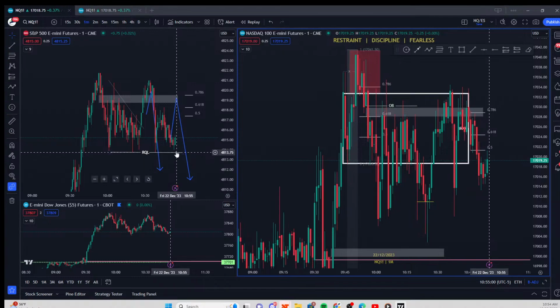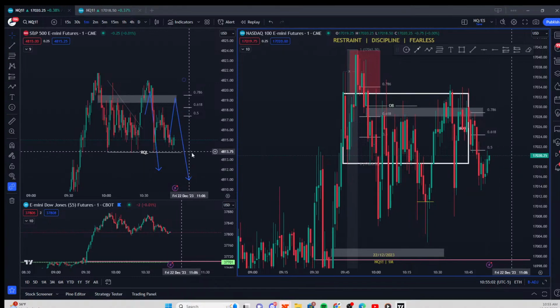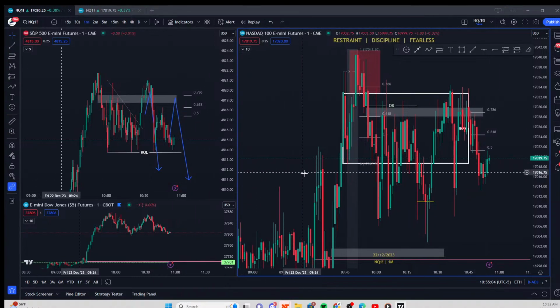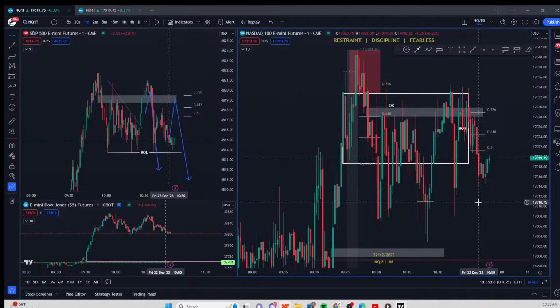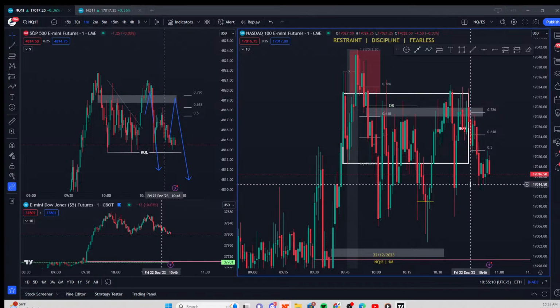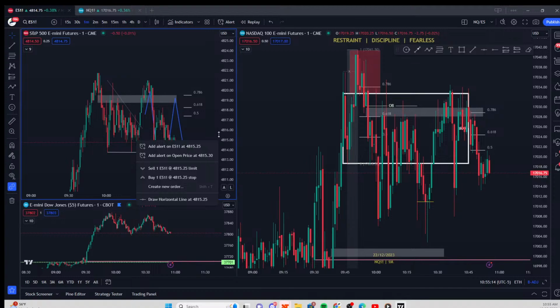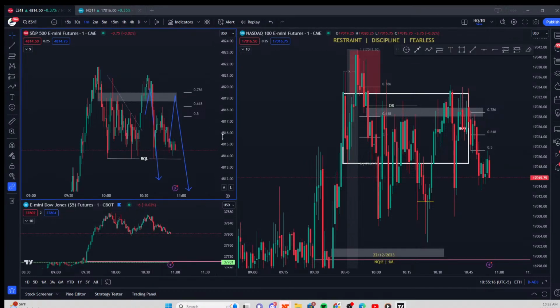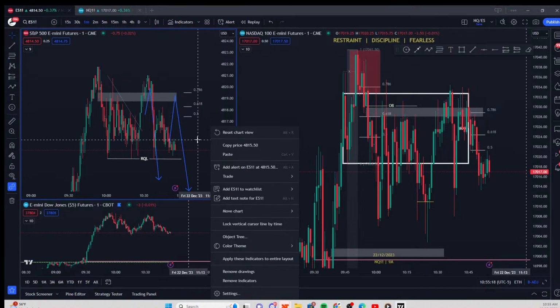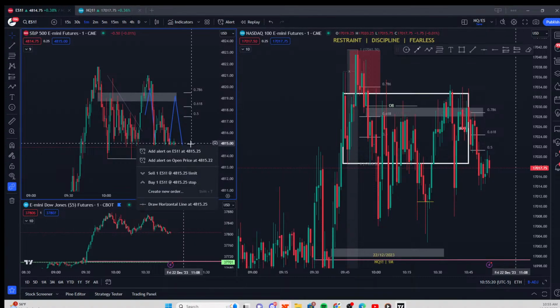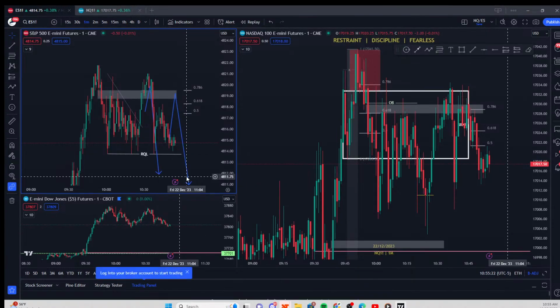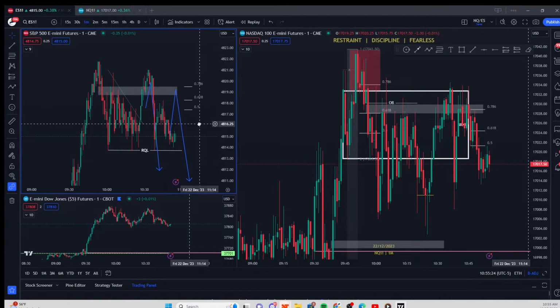Those equal lows are such magnets right now. How does this work? Oh, I gotta log in my broker.